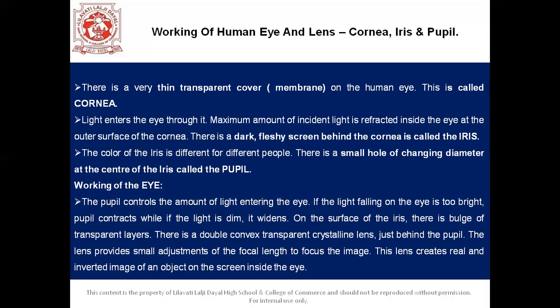There is a double convex transparent crystalline lens just behind the pupil, and the lens provides small adjustments of the focal length to focus the image. This lens creates a real and inverted image of an object on the screen inside the eye. So this is how the human eye works.